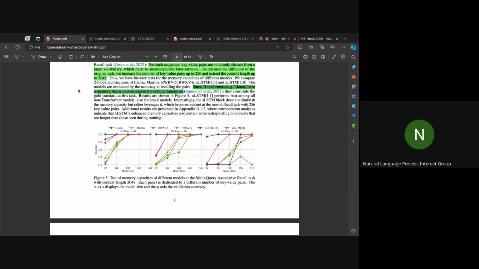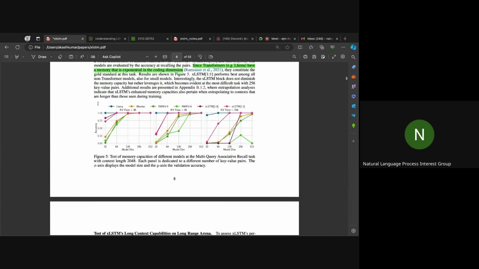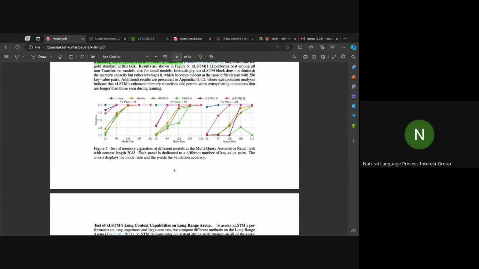So the gold standard here will be the performance of the transformer models, and you can see here as you increase the model dimension of the xLSTM architecture and the other state space based model also, the improvement on the recall task increases.